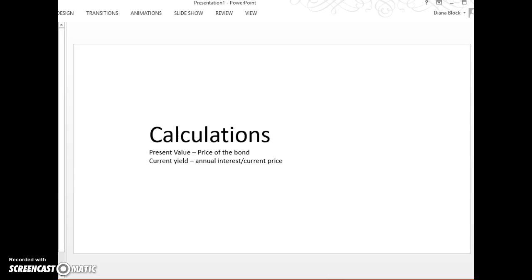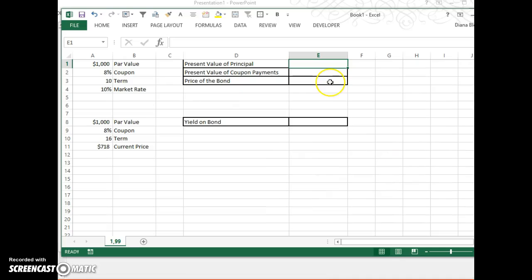Then another common calculation of a bond is the current yield. And the current yield is the annual interest divided by the current price of the bond. So the annual interest, we're talking about that coupon payment, divided by the current price of that bond will give us a current yield. Let's go ahead and look at some example calculations at this point.